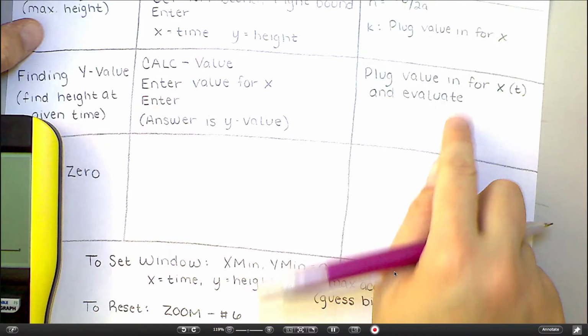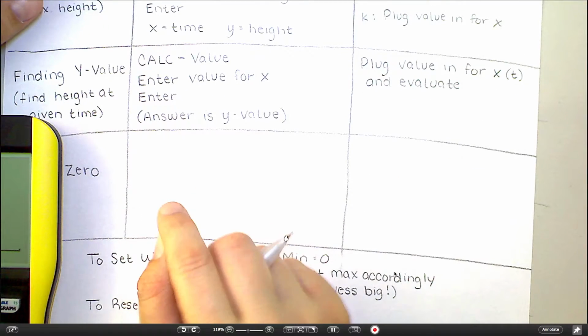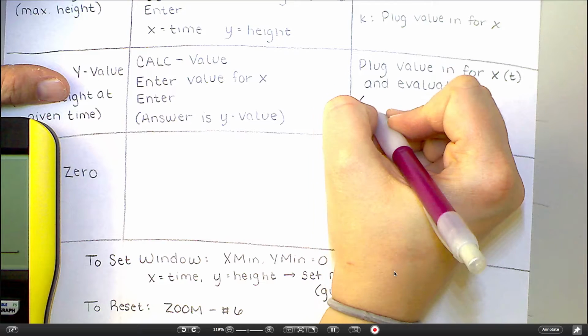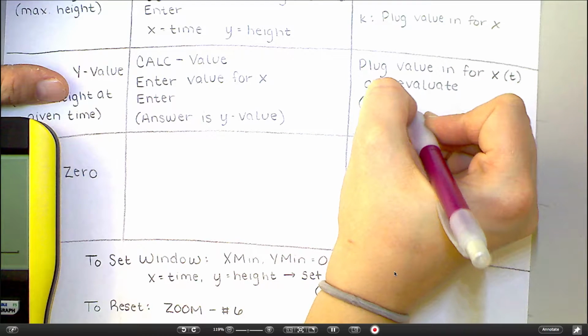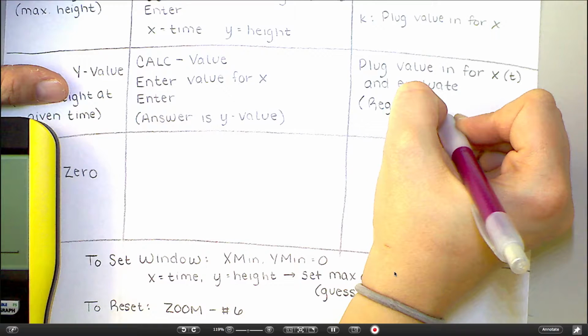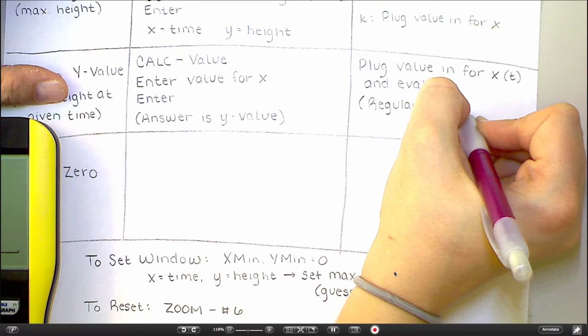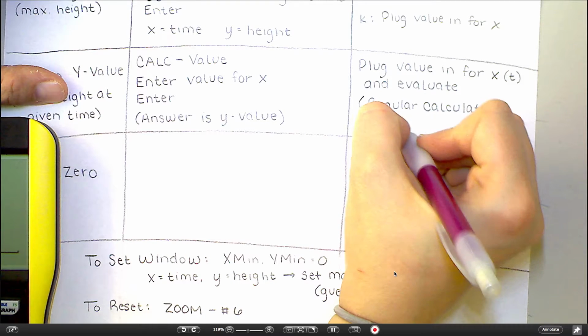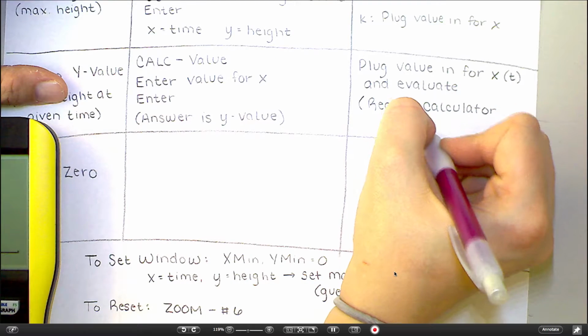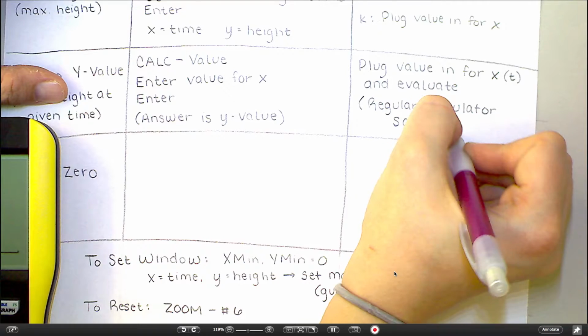If you're doing it that way, if you are plugging the number in yourself, you are doing this on a regular calculator screen, not the graphing. Okay, if you are plugging the number in yourself, you're not typing that into Y equals, you're just typing it into your regular calculator and evaluating.